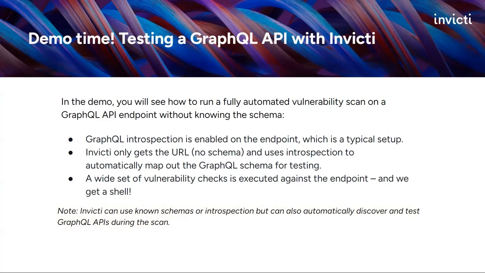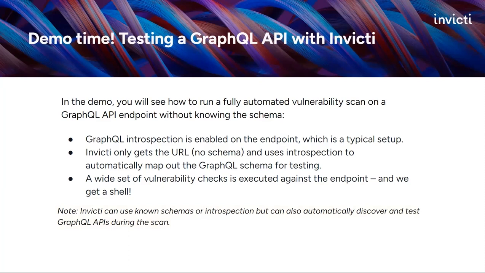I also want to mention that Invicti can use known schemas or introspection, but as briefly mentioned before, it's also possible to automatically detect the GraphQL APIs that the application is using. And Invicti does this by simply checking whether there is a GraphQL request being made while scanning the application.